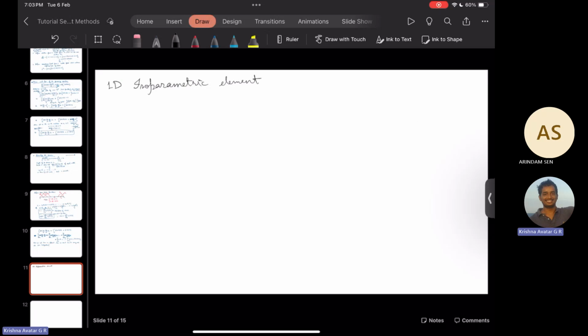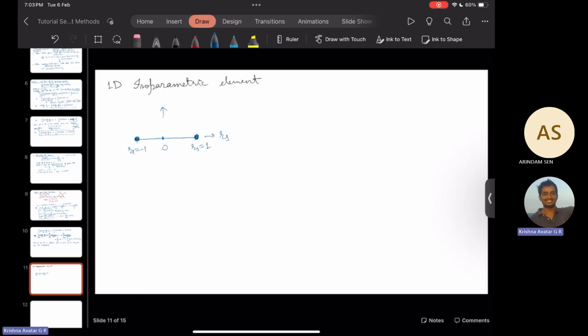Okay. So now what we do is let's introduce something known as a parent element, which has just two nodes, this node as well as this. And here we are using some xi coordinate. So this is xi is equal to -1 and this is xi is equal to 1, so that it's obvious that the center point will be 0.